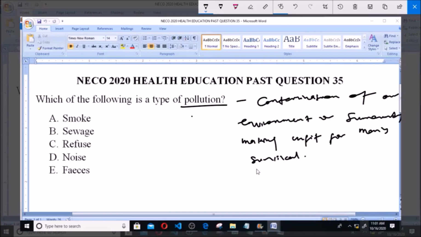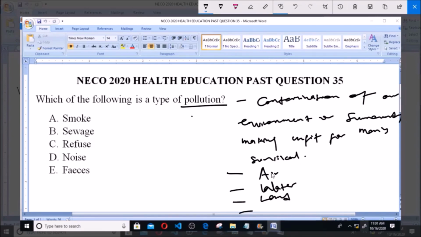Now we have several types of pollution depending on the area of the environment that the pollution affects, because the various areas of the environment include the air, which is the atmosphere, the water, that's water bodies, the land, and also noise.